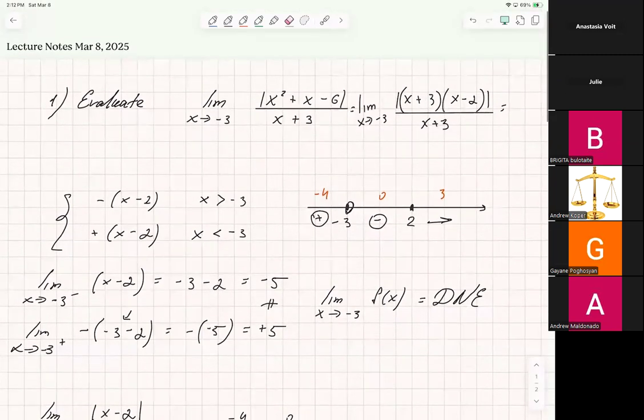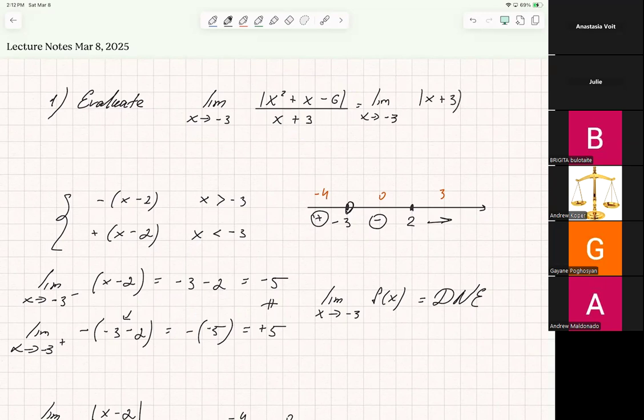Okay, so usually what we do, we start with this function. Just for simplicity, we can write it as the limit as x approaches -3 of x minus 2 divided by x plus 3, with absolute values.